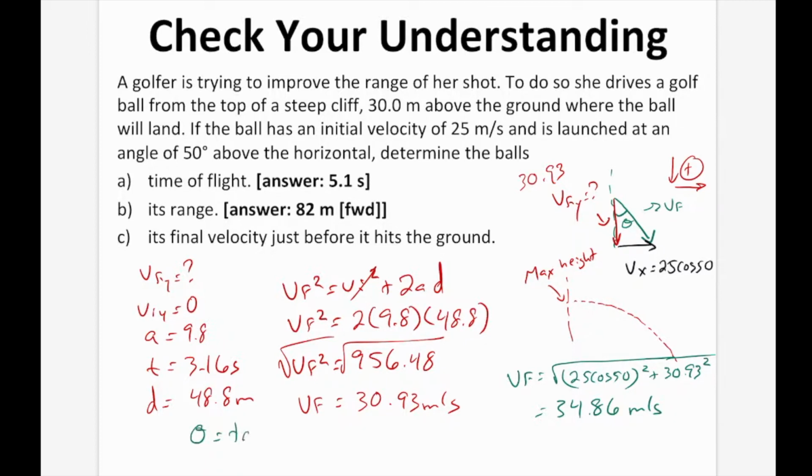Theta is going to equal tan minus 1, opposite, which is 25 cos 50, divided by the adjacent side, which was 30.93, and that gives us a theta value of 27.5 degrees. Now we said we wanted 2 sig digs, so our final velocity is going to equal 35 meters per second. In our diagram, we went down 28 degrees, and that's our final answer.